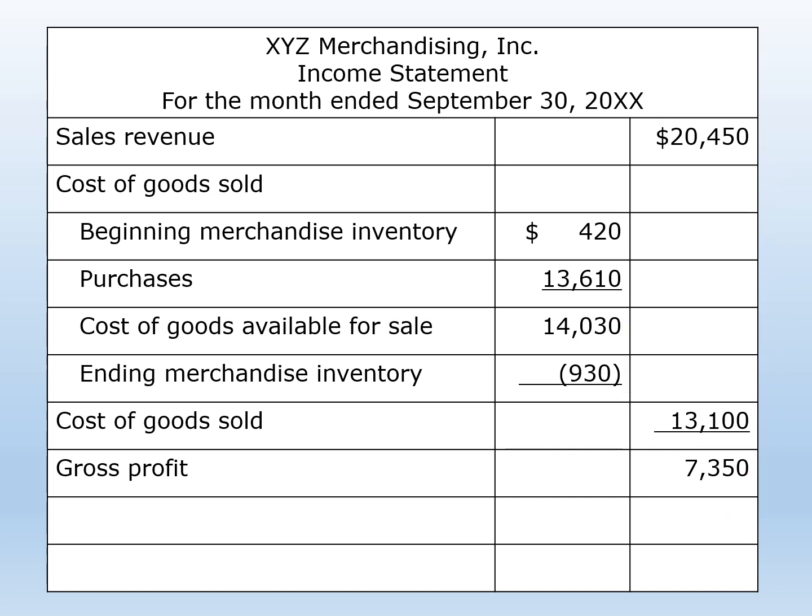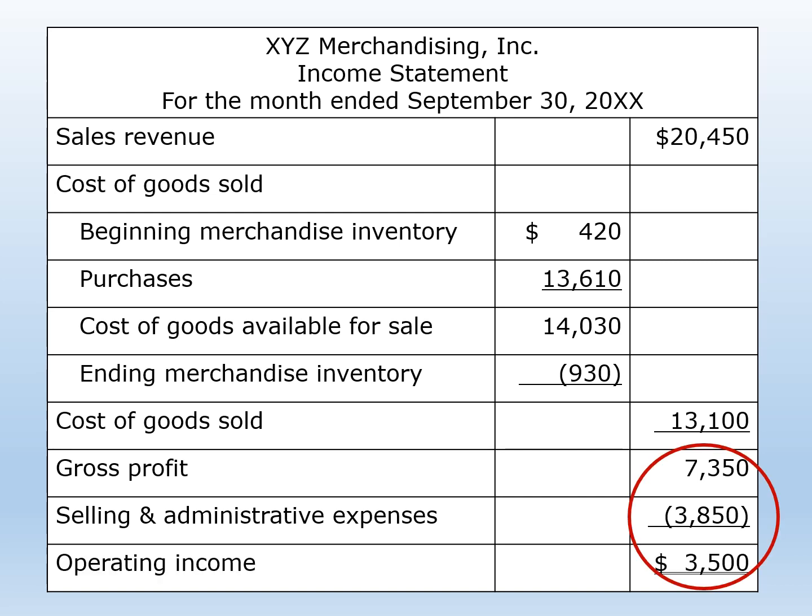But we don't get to keep all of the firm's gross profit because some of it has to cover the firm's operating costs for the period. So we subtract out those operating costs, selling and administrative expenses, and the answer is the firm's operating income for the period.